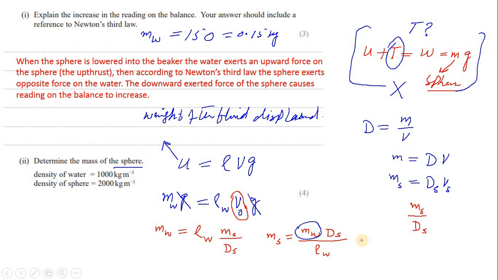So final calculation, mass of the water is 0.15 times density of the sphere. Density of the sphere is 2000, divided by density of the water, which is 1000. So these three zeros are gone. 2 times 0.15, so mass is equal to 0.30 kilogram. This is the mass of the sphere.